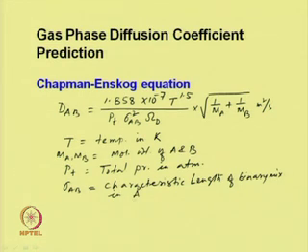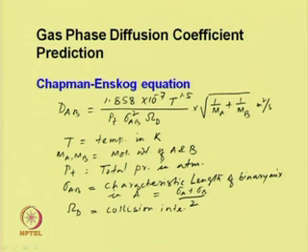This we can calculate using sigma A plus sigma B divided by 2, and omega D is the collision integral, which is a function of kT by epsilon AB.